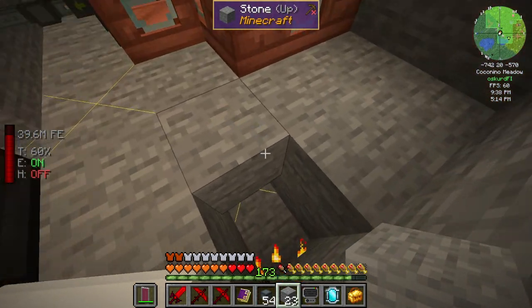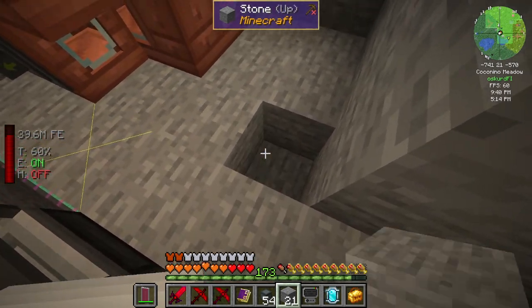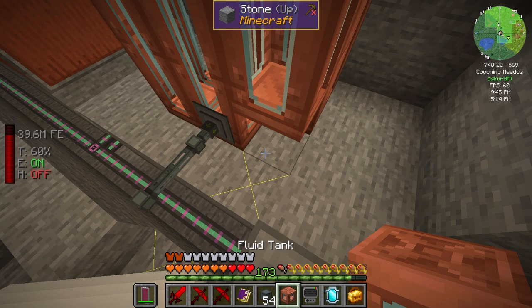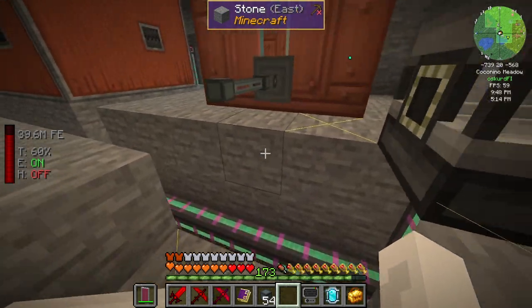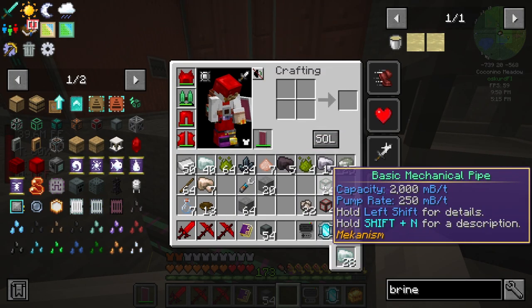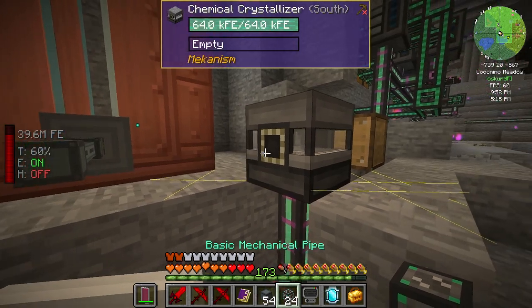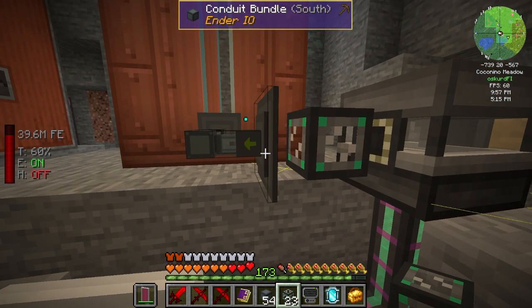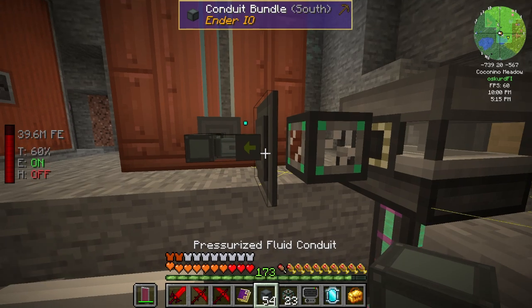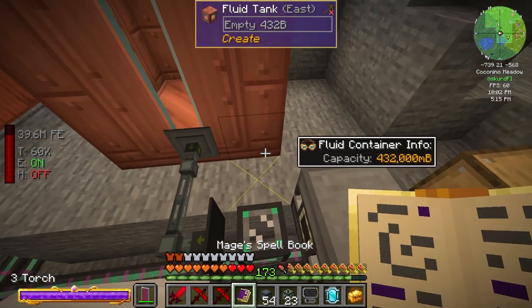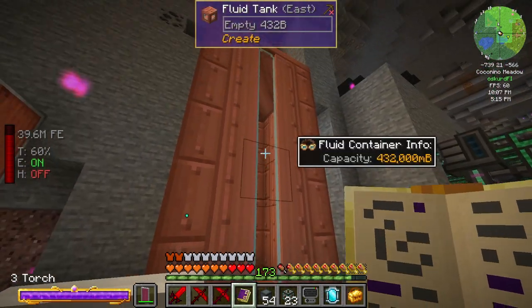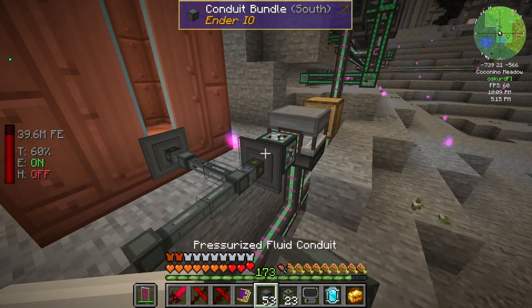So I have a feeling that if I put this pipe here, they will connect, yes. It looks very, very bad, but I think that's the only option we have when I want to use these tanks.